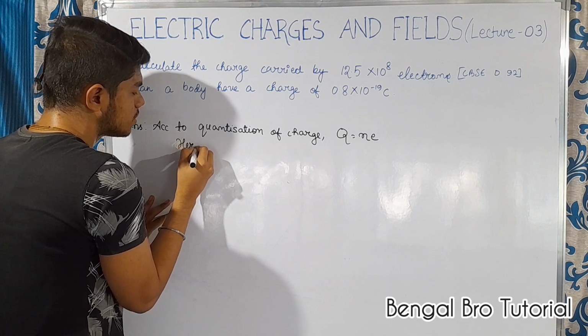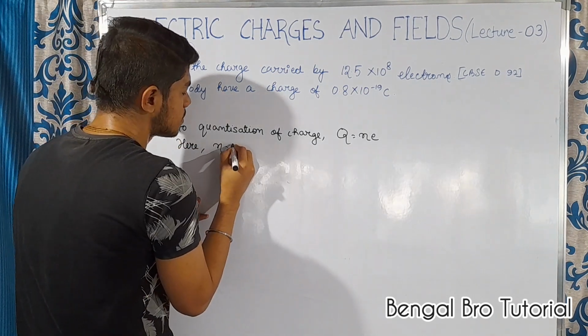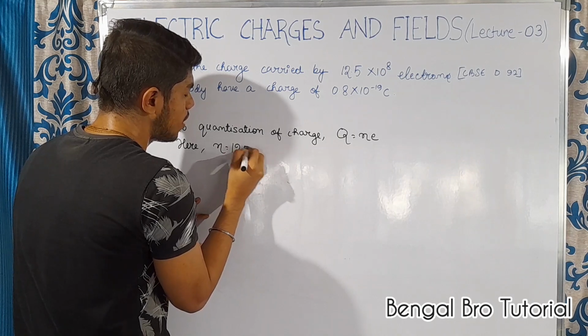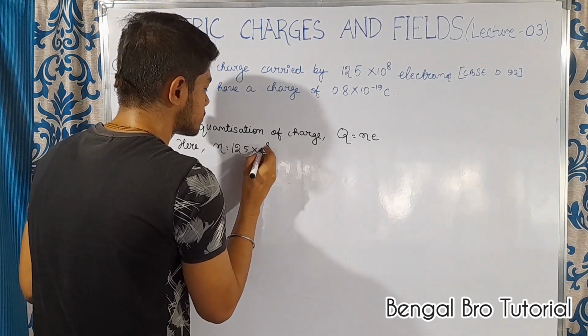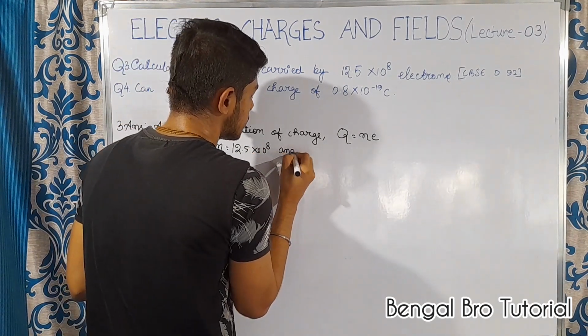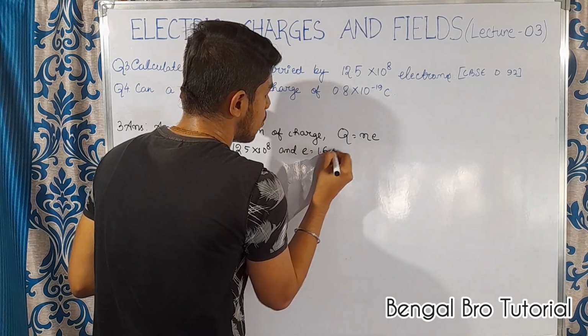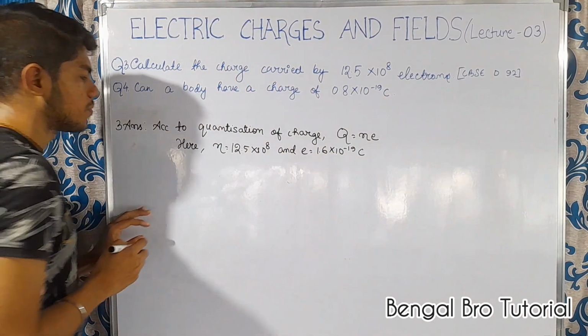Here N means number of electrons, which is 12.5 into 10 to the power 8. And e is equal to 1.6 into 10 to the power minus 19 coulomb.